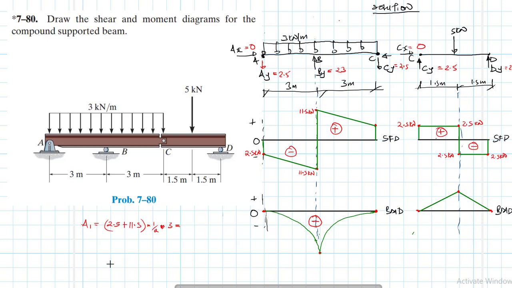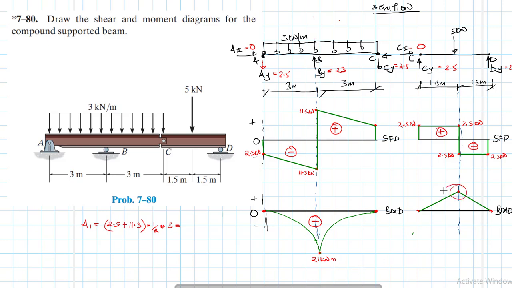So 2.5 plus 11.5, okay, times half, which is 0.5, and then times the height, which is 3. So this gives us a 21. This value is 21 kilonewton meters.